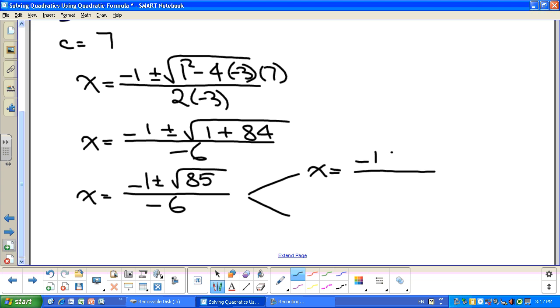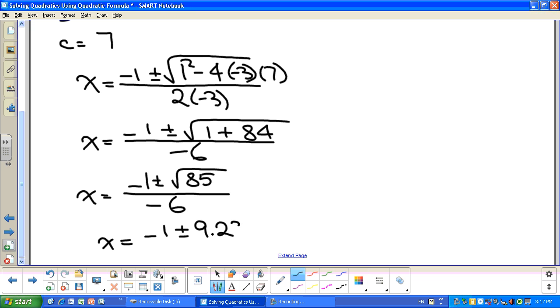Okay, so you want me to change this into negative 1 plus minus 9.22, divided by negative 6. And now you can state 2 solutions, x equals approximation, and x equals approximation. That is to be done at home.